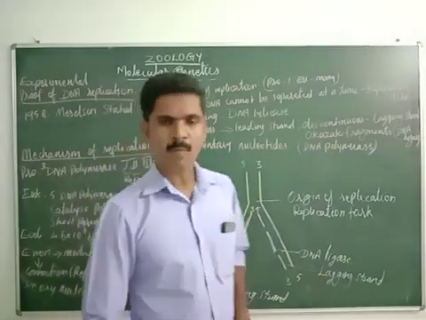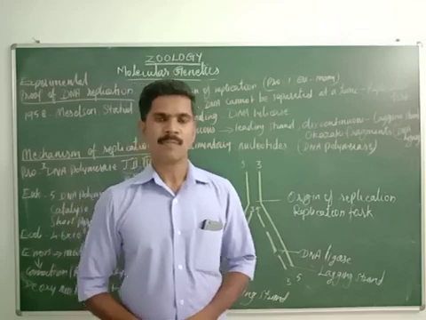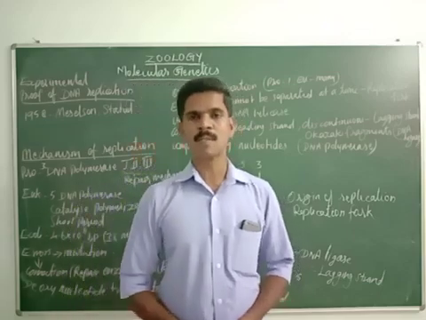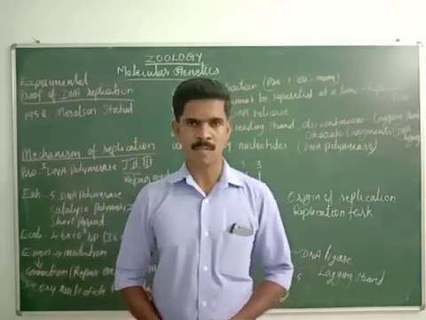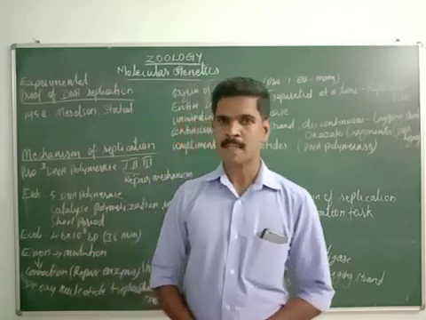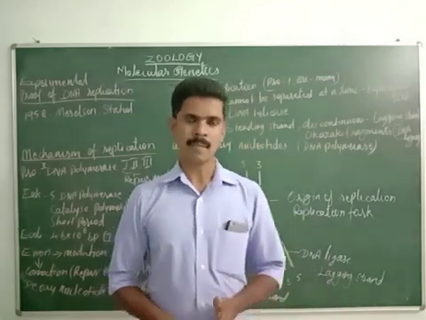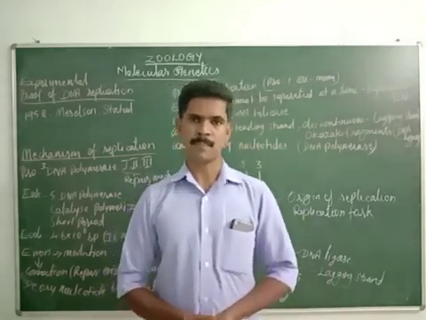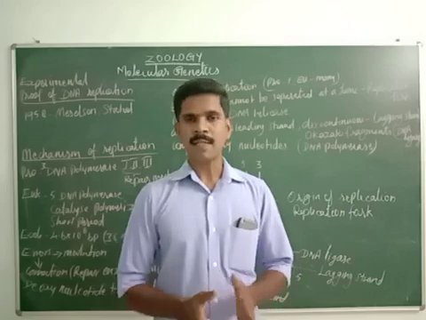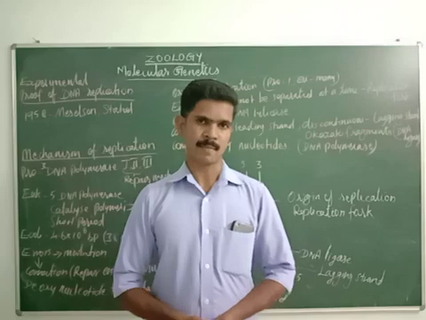Now we are going to study one of the very important 5-mark questions: the process of replication. Listen very carefully, dear students. In both prokaryotic and eukaryotic organisms, the replication process takes place with the help of some enzymes.